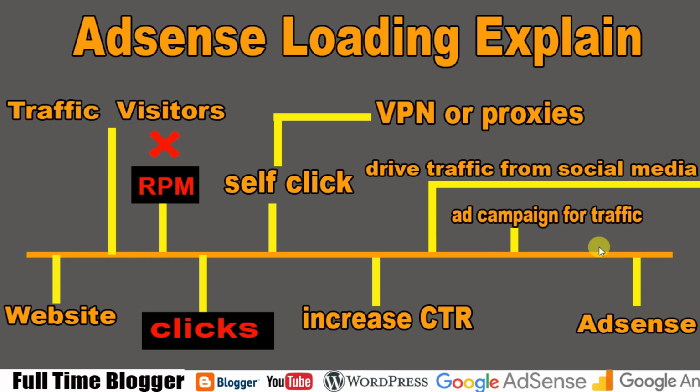If you run campaigns in Google Ads or Facebook Ads, then your AdSense will be safe, but they are very expensive. There are more ad networks, like Russian websites, and I explain in my course how you get traffic from there.